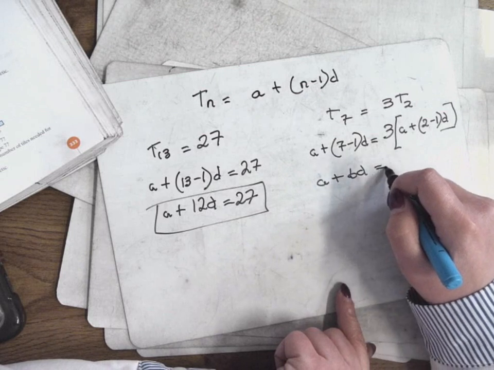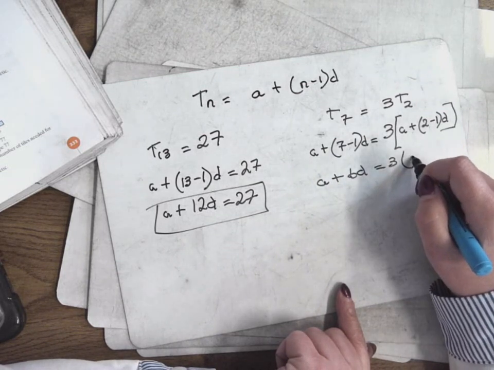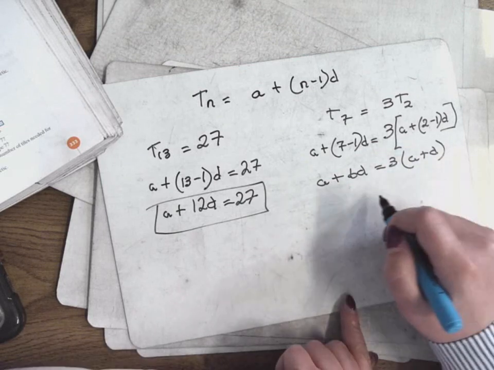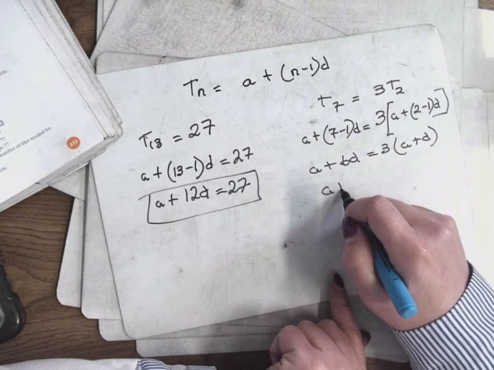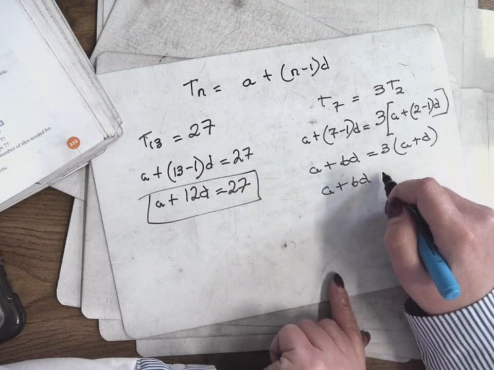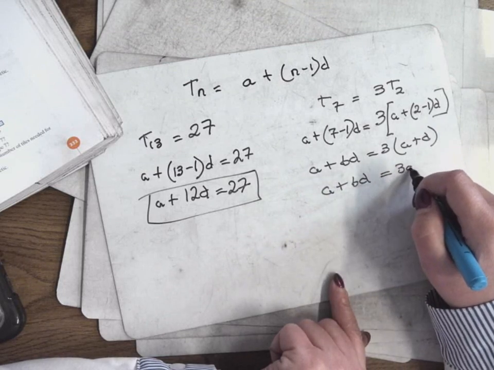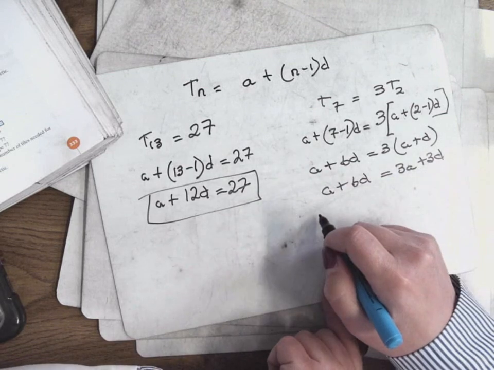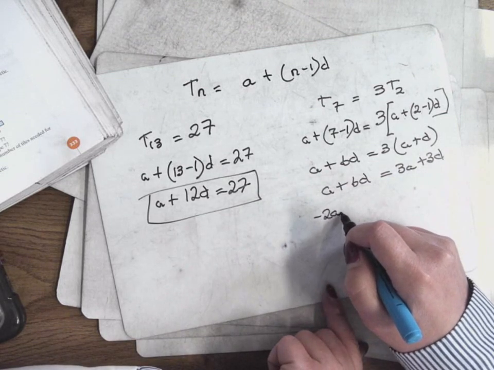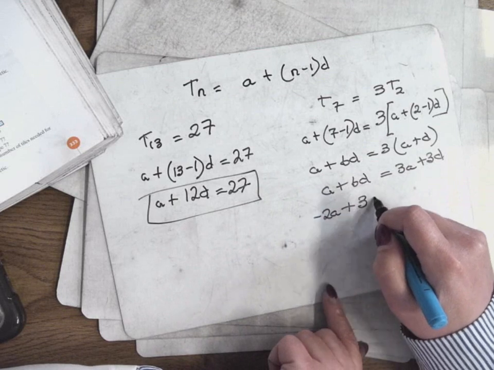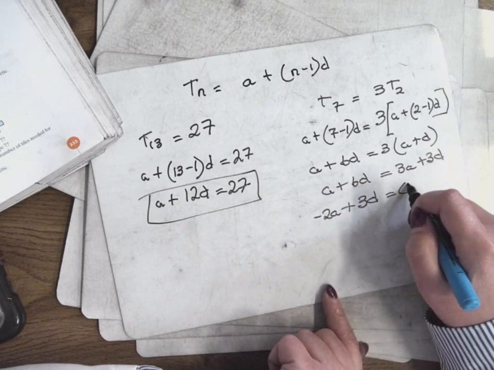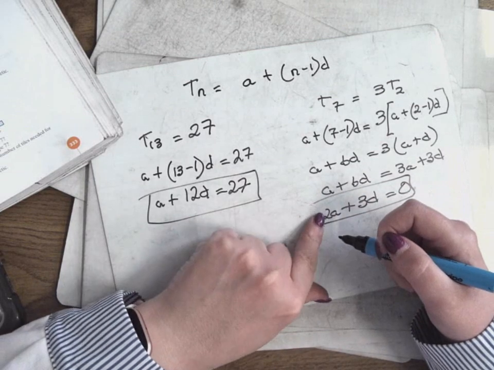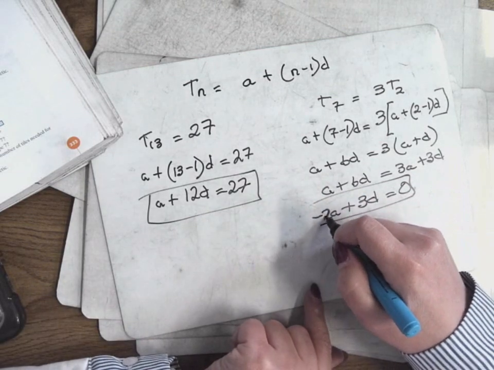Over this side, you get 3 times A plus 2 minus 1, which is 1, times D. So sorting that out, A plus 6D equals 3A plus 3D. Bring everything over to the left and you'll get minus 2A plus 3D equals 0. There's my second equation. Is that right? Sorry, I dropped the minus there. There's a minus there.